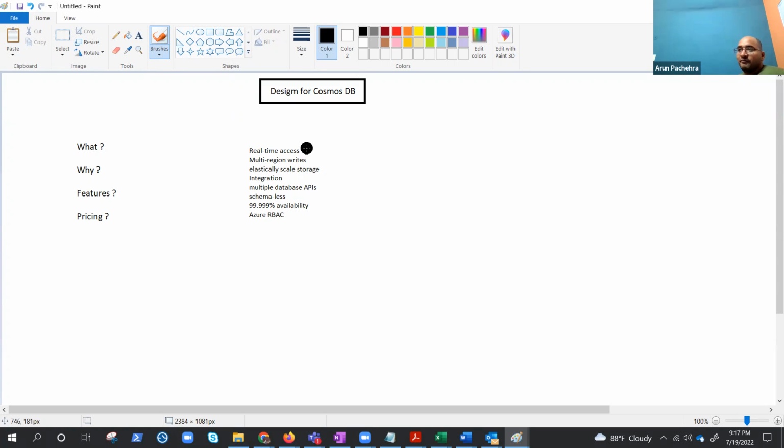So I have mentioned a few amazing features of Cosmos DB that will drive us to utilize this wonderful resource on Azure to develop modern applications. Let's go through them one by one. Real-time access with fast read and write latency globally, and throughput and consistency, all backed by SLAs.